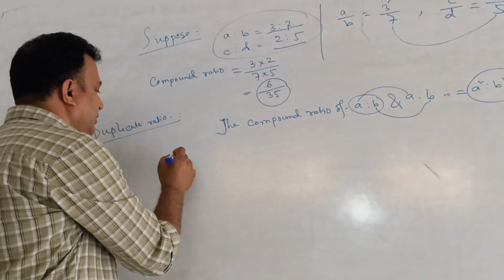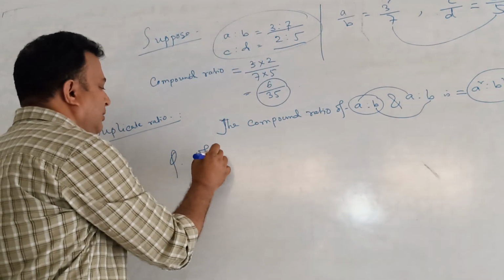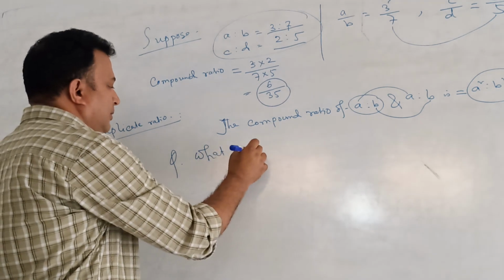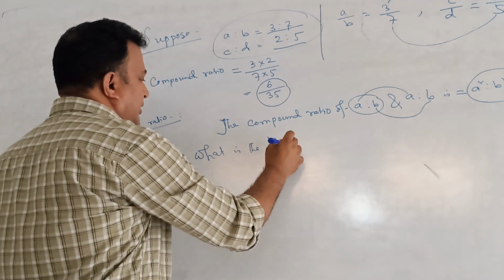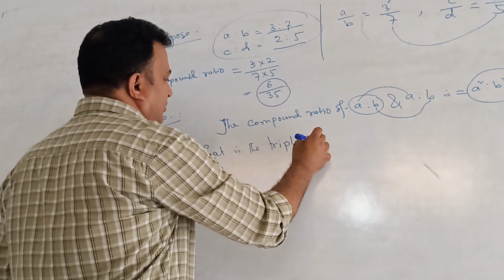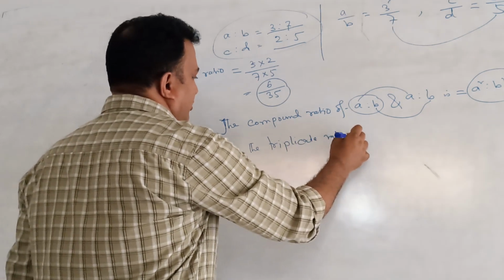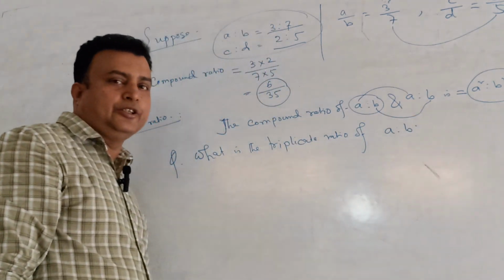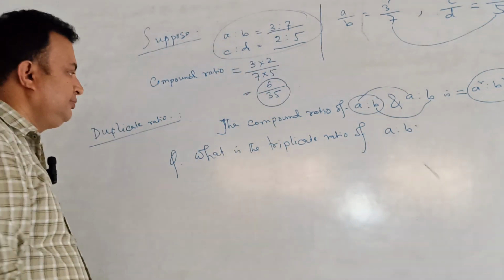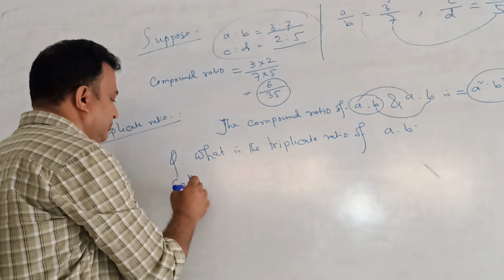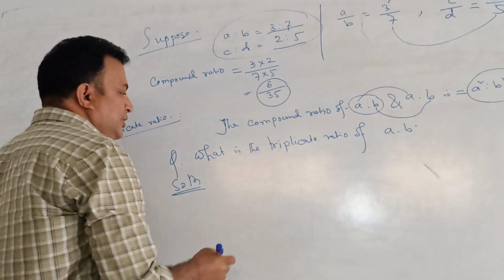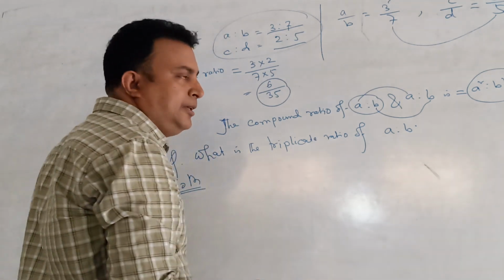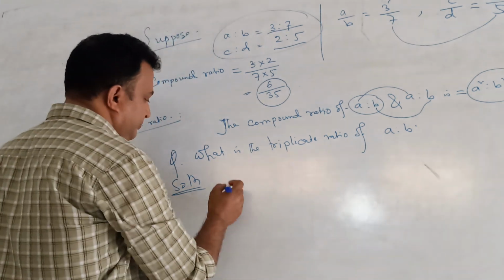Similarly, what is the triplicate ratio of A is to B? Solution: its triplicate ratio will be, you have to multiply A is to B 3 times.